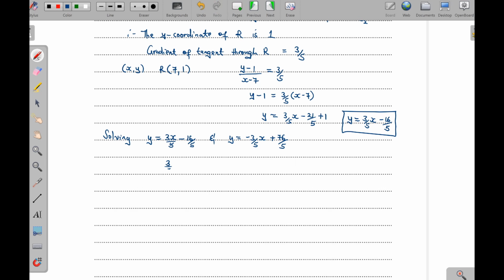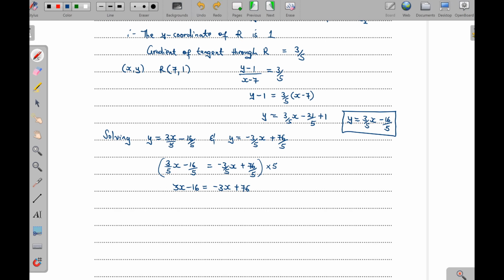So 3 over 5 of x minus 16 over 5 is equal to minus 3 over 5 of x plus 76 over 5. So when we multiply all through by 5, the 5 will go. We shall have 3x minus 16 equal to negative 3x plus 76.